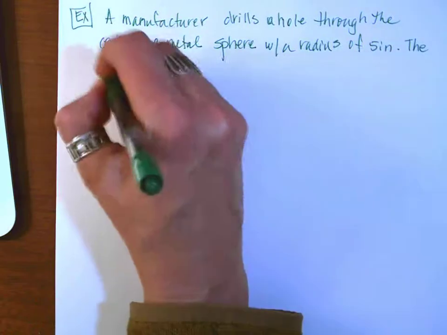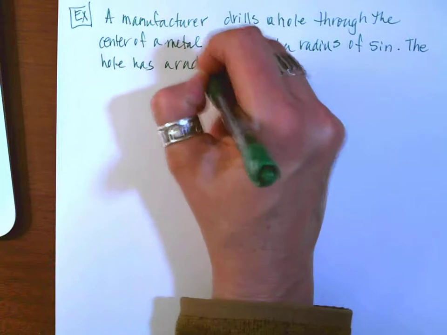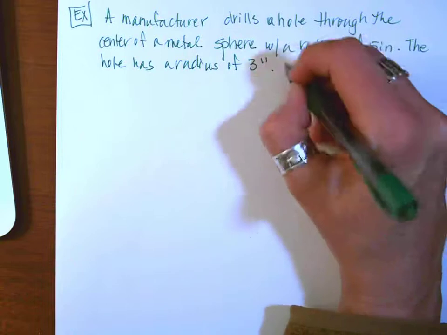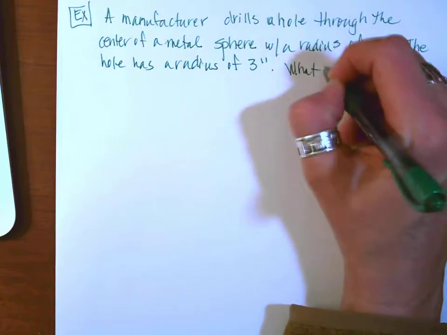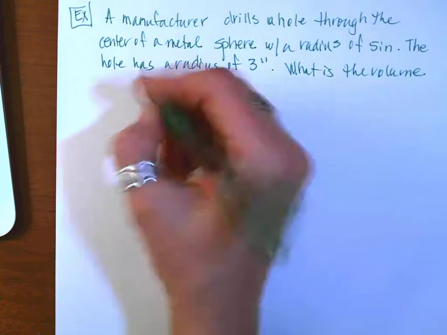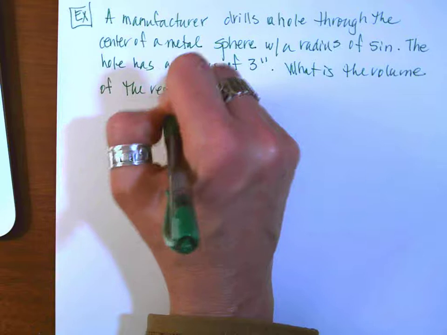Okay, the hole has a radius of 3 inches, and I want to know what is the volume of the resulting metal ring.